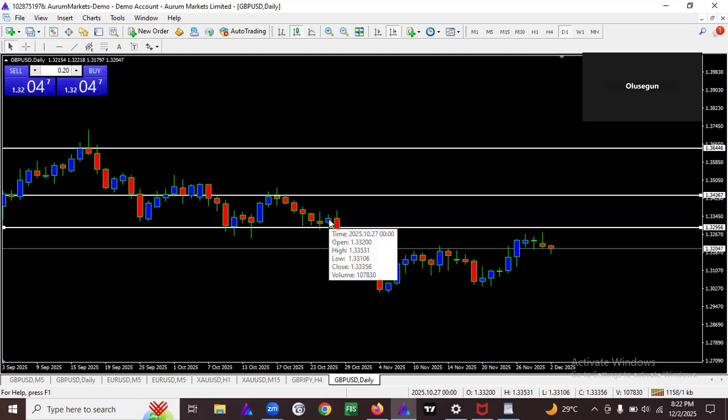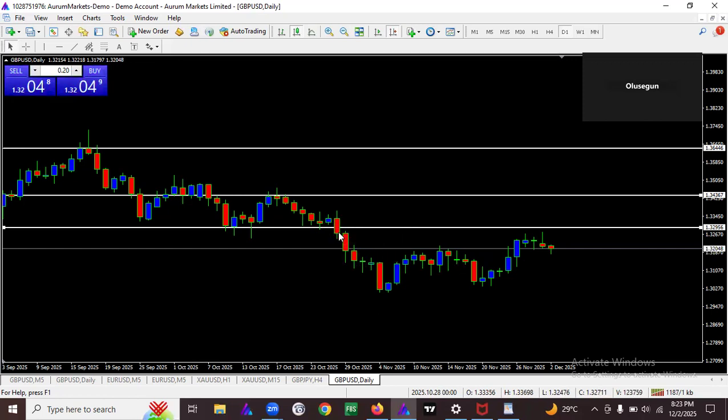That's midnight, around 11 p.m. Nigerian time. This will run from 11 to 3 a.m. Nigerian time. So this was the first candle that formed in the Asian session, which is not the right time to execute the trade.